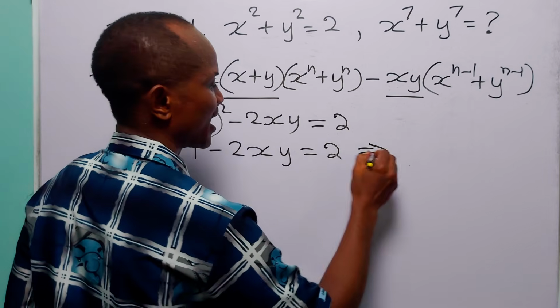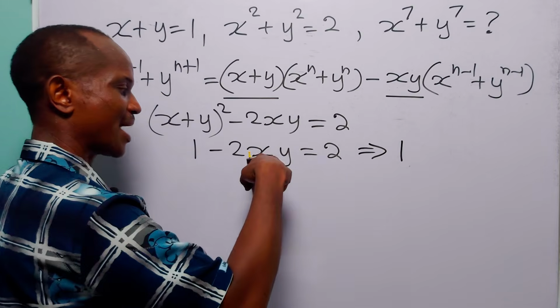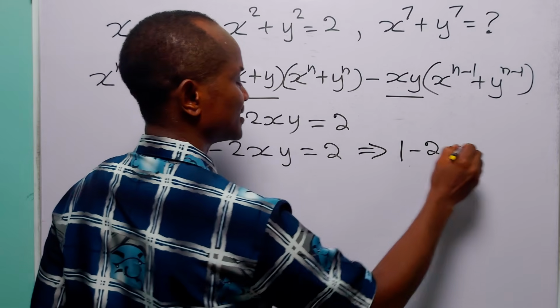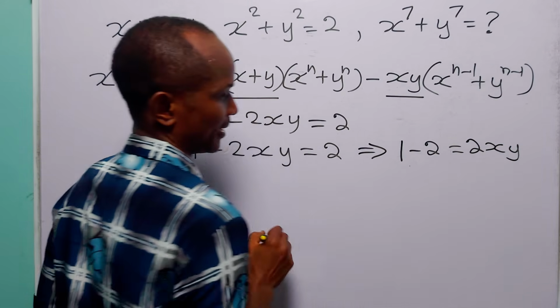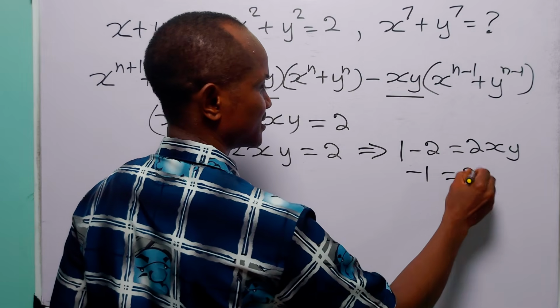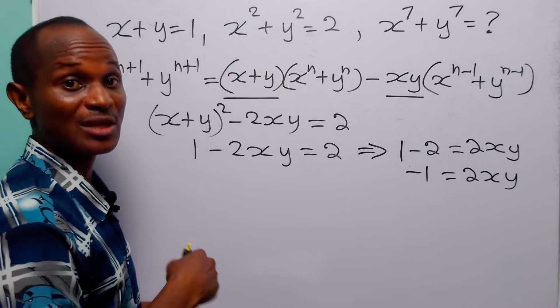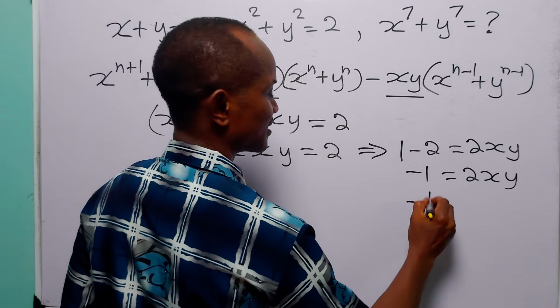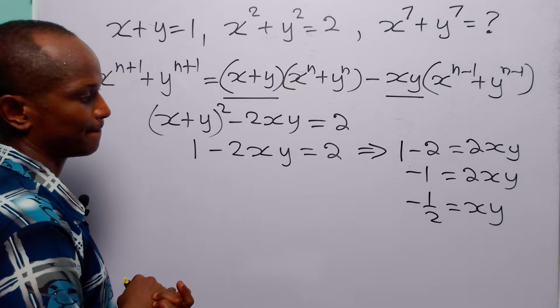When we rearrange this equation, we have 1 minus 2 is equal to 2xy. Now, 1 minus 2 is minus 1. This is equal to 2xy. When we divide both sides of the equation by 2, we have that minus half is equal to xy.